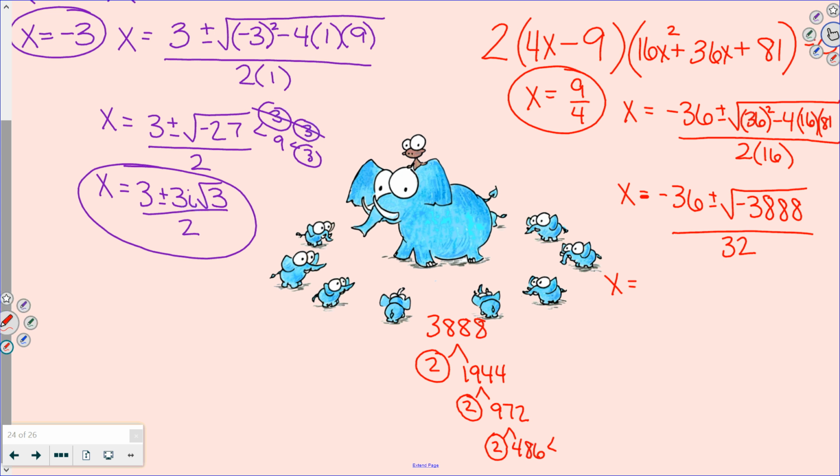All right, so that's going to be 2 and 243. That's going to be 3 and 81, which is 9 and 9, which is 3.